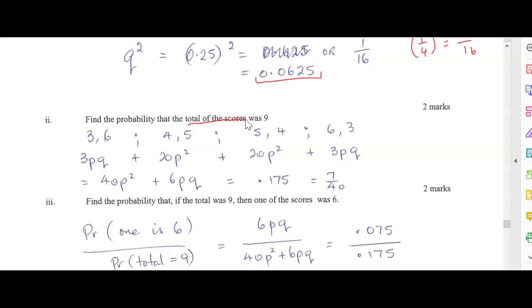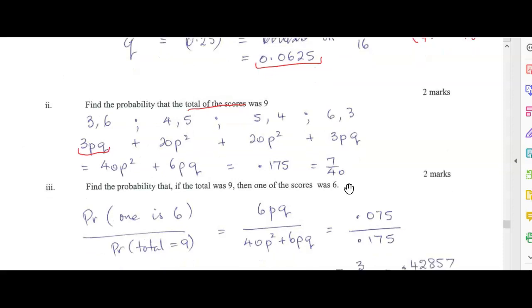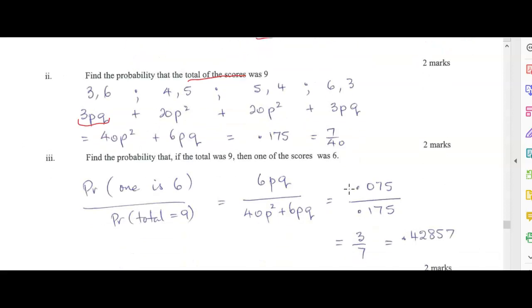So what we have here, 3PQ, even on your calculator, you can define P and Q if it makes it easier. The probability of getting a 3 is 3P, and the probability of getting a 6 is Q. So you just multiply them together. So 3P times Q gives you 3PQ, then 4 and 5, and so forth. Okay, so you get 7 over 40 or 0.175, which I think is also a terminating decimal.